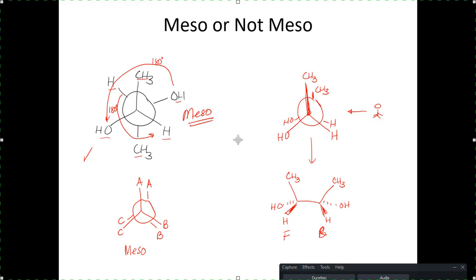So this is the Newman projection, this is the corresponding sawhorse projection. Okay, and we'll get into converting these in a couple of minutes.